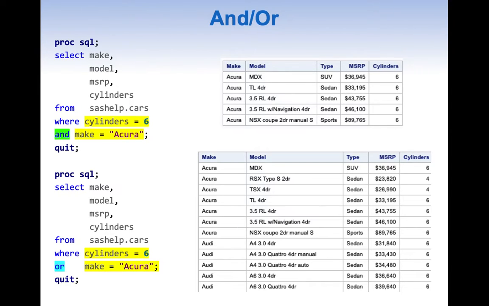We can understand this better by looking into the results of our query on the right side. Here we will have only those results where make is equal to Acura and also cylinders equal to 6. We get only those results which satisfy both the conditions.